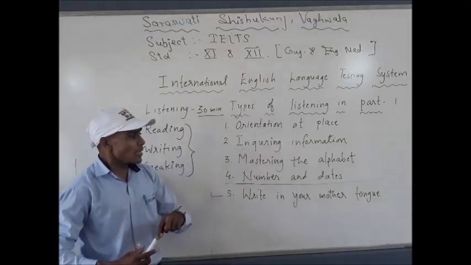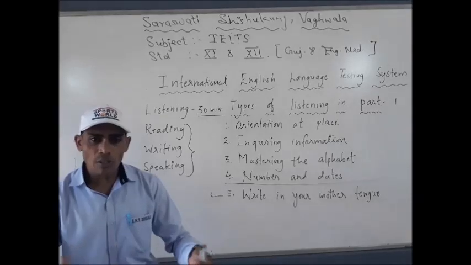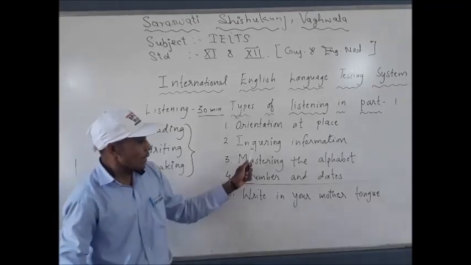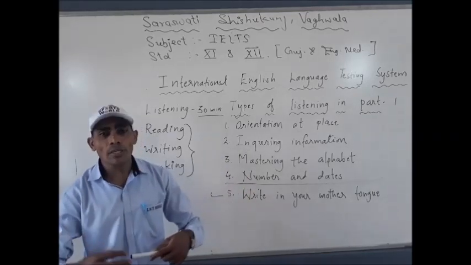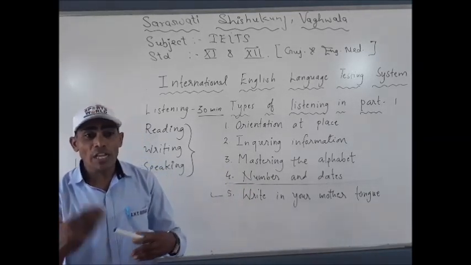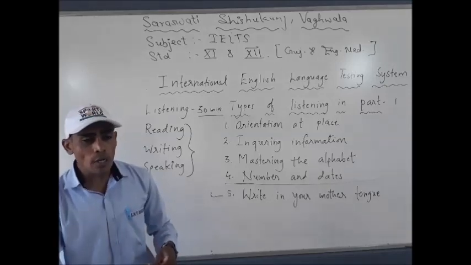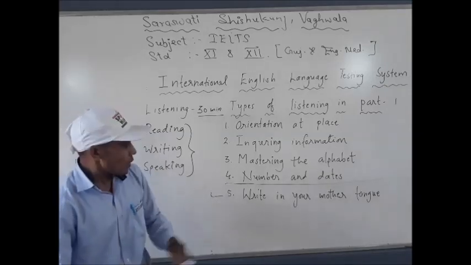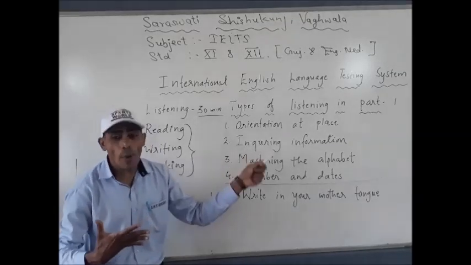Now the second one is inquiring information. Again, it is a conversation where you need to get information. Two or 3 people are talking and they want to inquire something about admission, about a sport club, they want to get in. So that's the reason it is a kind of information and inquiry.